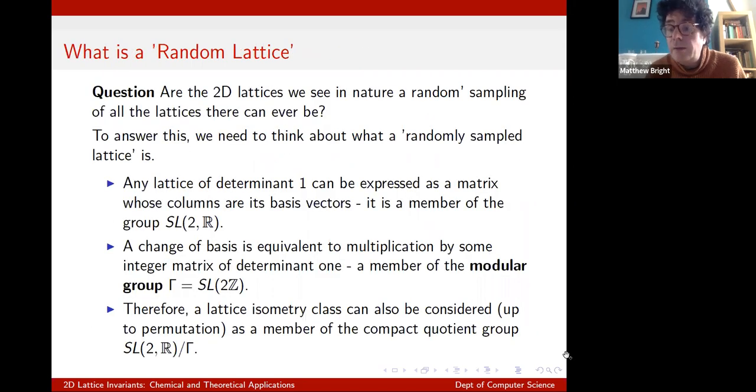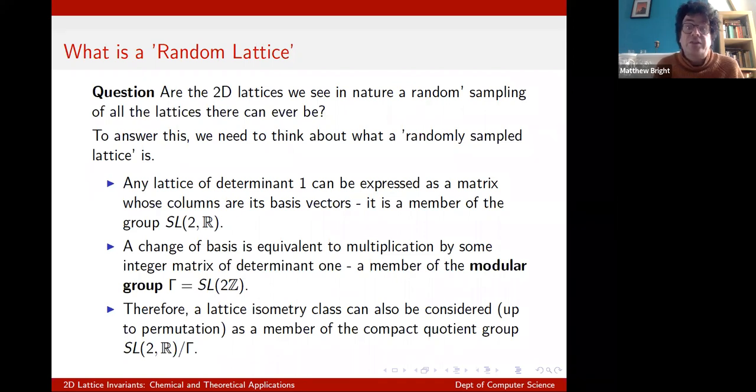So the third bit of the talk will be of interest. This is working with some work of Professor Jens Marklof, who's here today. Hello. It's about random lattices, because there's a nice question here. We've said in a very broad sense, oh, it looks like oblique lattices are filling the space quite nicely, but what does that actually mean? Are we seeing a random sampling of all the lattices that there can ever be?